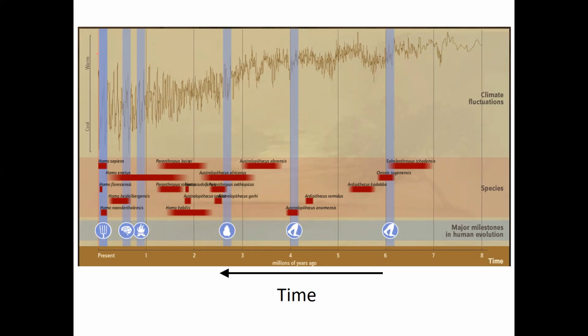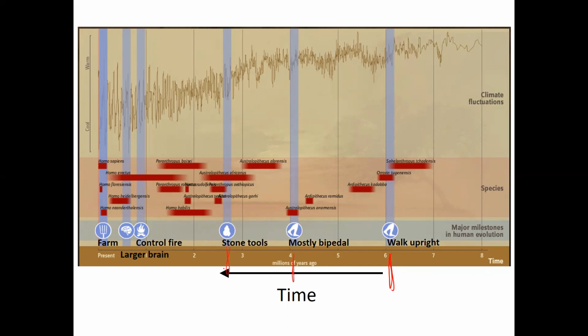So here we see a timeline and major milestones of human evolution. The present day is on the left, where time is moving to the left. This is 8 million years ago. We have walking upright, mostly bipedal by 4 million years ago.